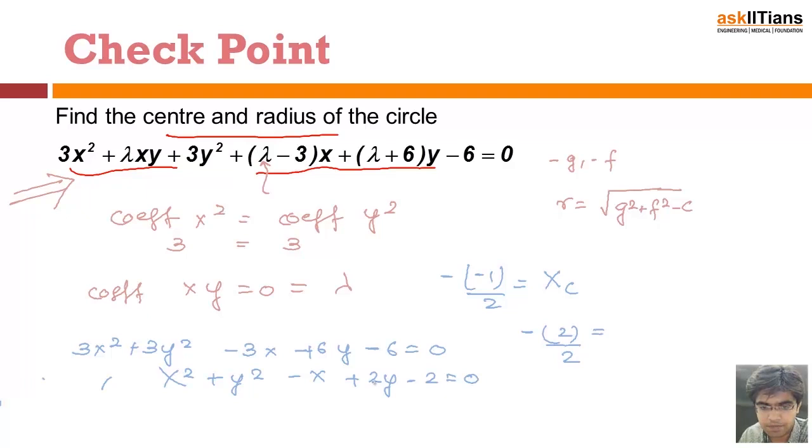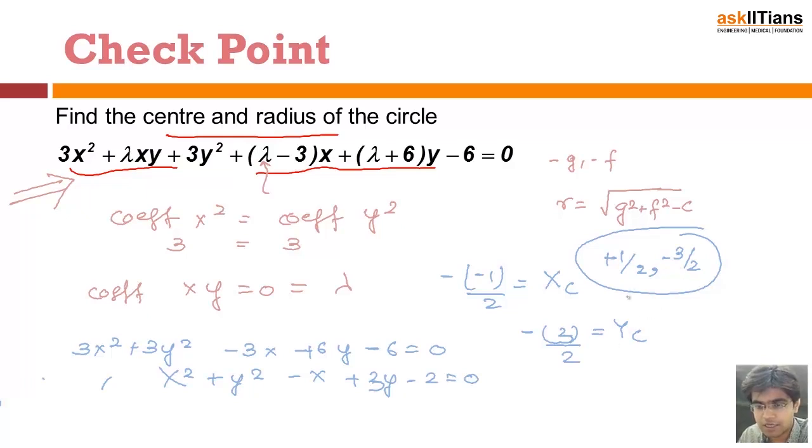Okay, this is 3, so that means 3 by 2 is my y coordinate of center. My center coordinates are minus 1 by 2, plus 1 by 2 because minus becomes plus, comma minus 3 by 2. These are my coordinates of center. I have got the first answer.